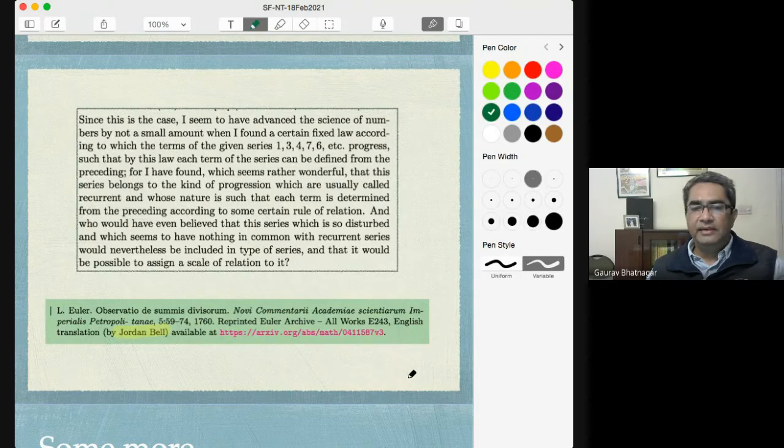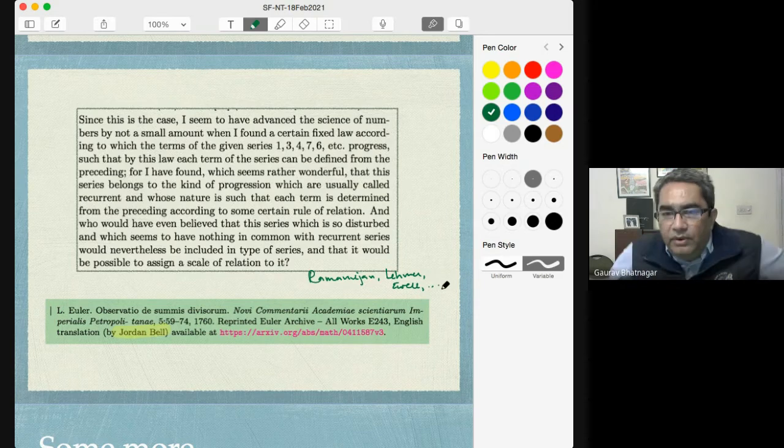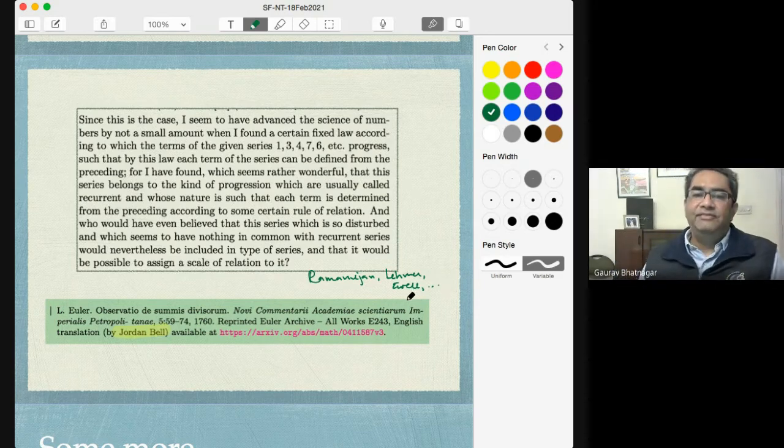He has translated many works of Euler, and it's very useful to see the translations. He's also written some papers in this area. So you can see Euler is excited, and it's not just Euler. Ramanujan, Lehmer, Evil, all these people, and maybe a few more whom I'm missing, they have similar results.